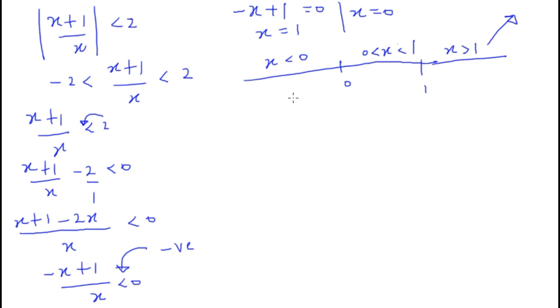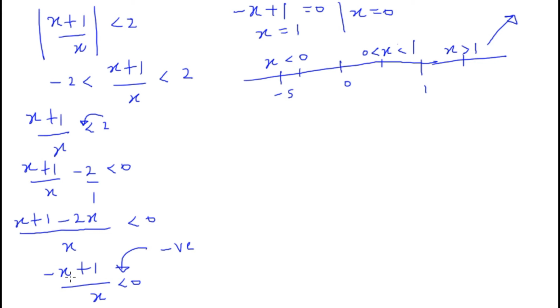How do we know that? We will know that by testing their values. If I test any value in this region and it gives me a negative value, less than 0, then I will know that that region satisfies the inequality. So let me pick a value in this region. Let's say I pick -5.